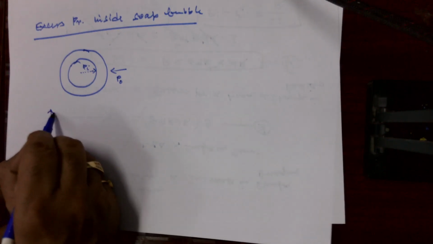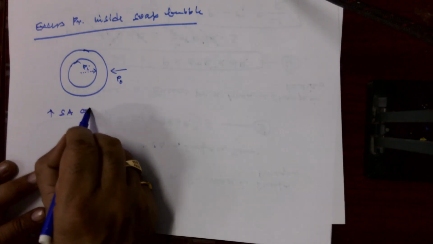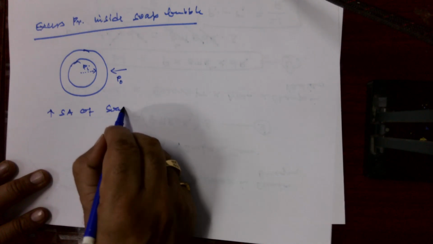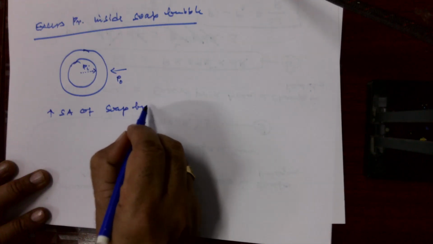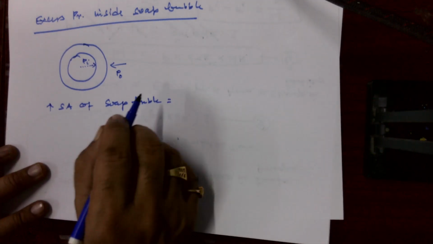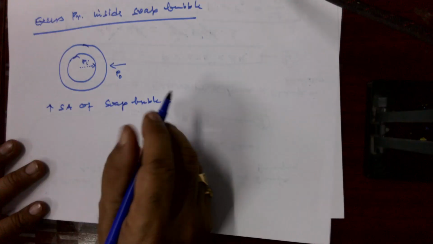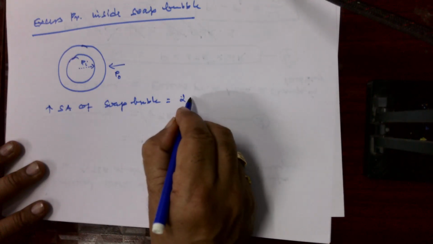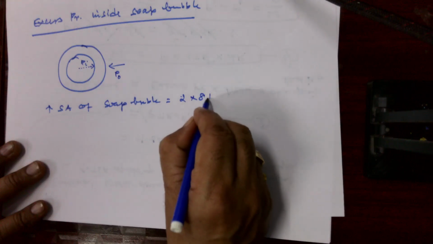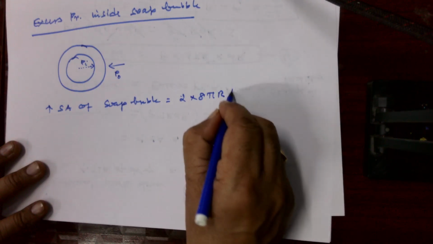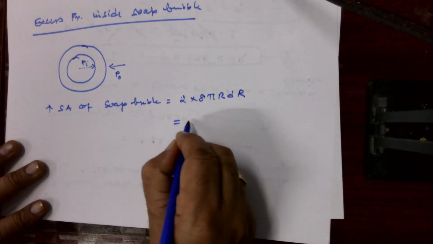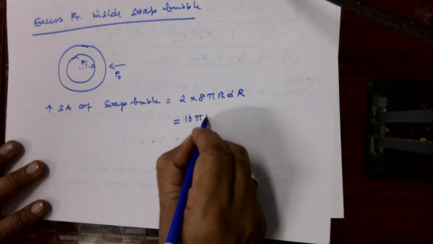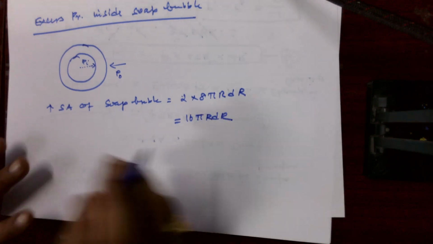So increase in surface area of soap bubble. Here you need to consider twice of it, because there are two surfaces. So 2 into 8 pi r dr. It means 16 pi r dr. Do you understand this concept?